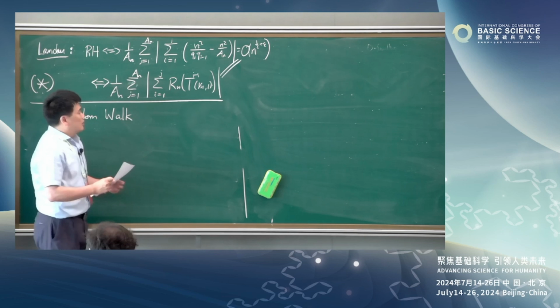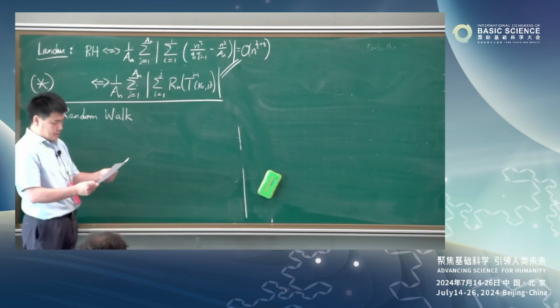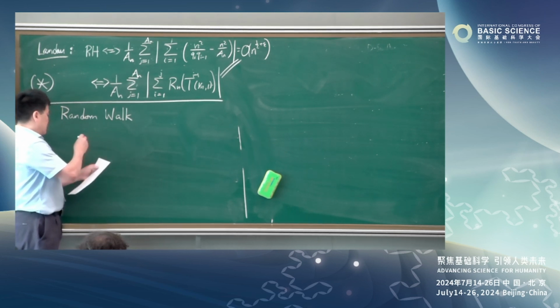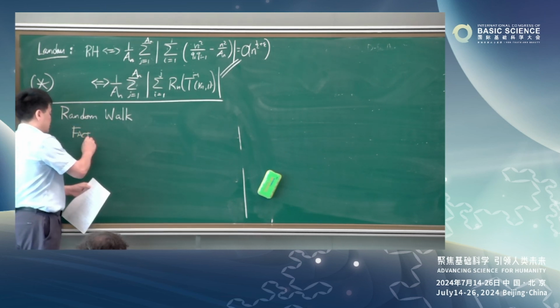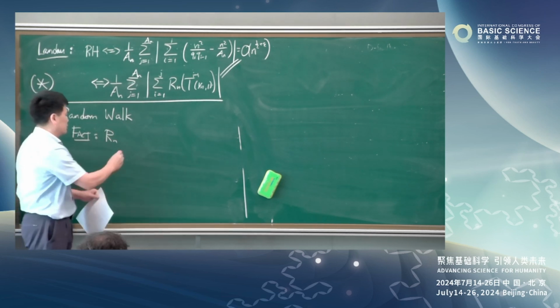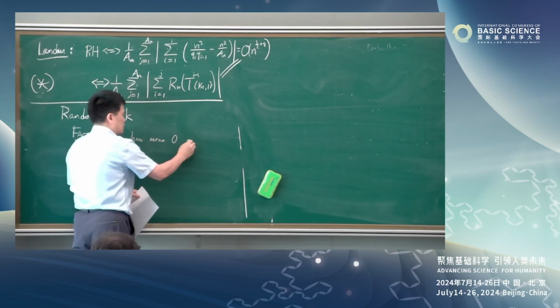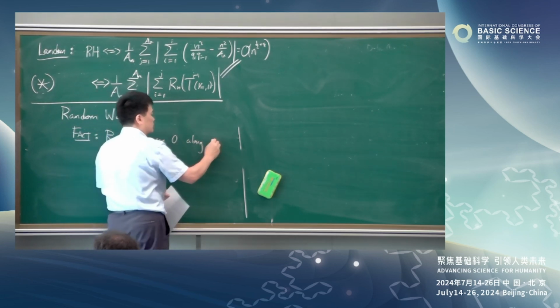So here, the generator: I should tell you that this BCZ cocycle Rn has mean zero along this periodic orbit.